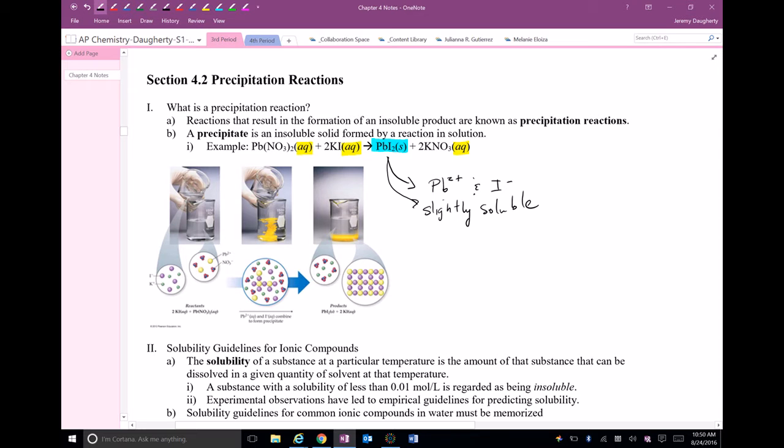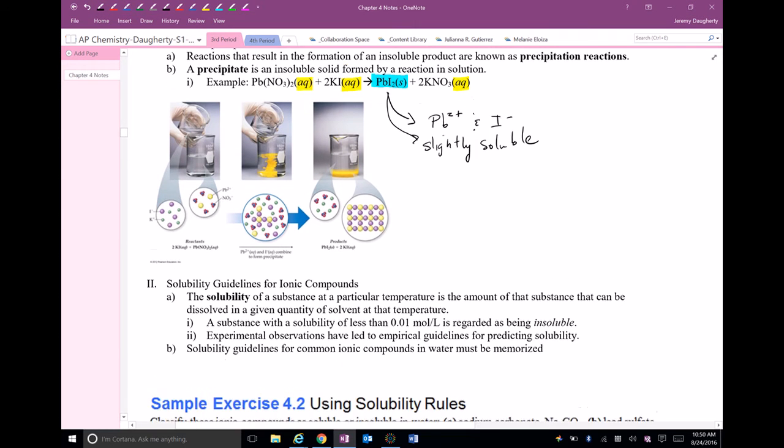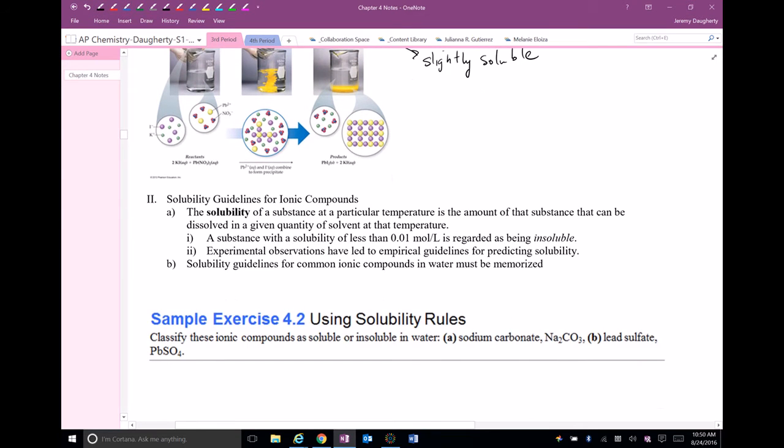But it's not 100% soluble. We have this idea of solubility. That's how much of a substance at a given temperature will actually dissolve.